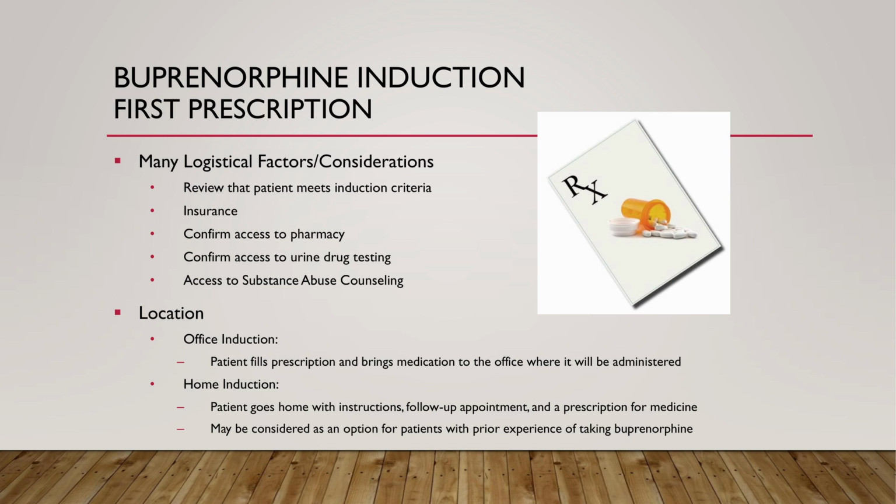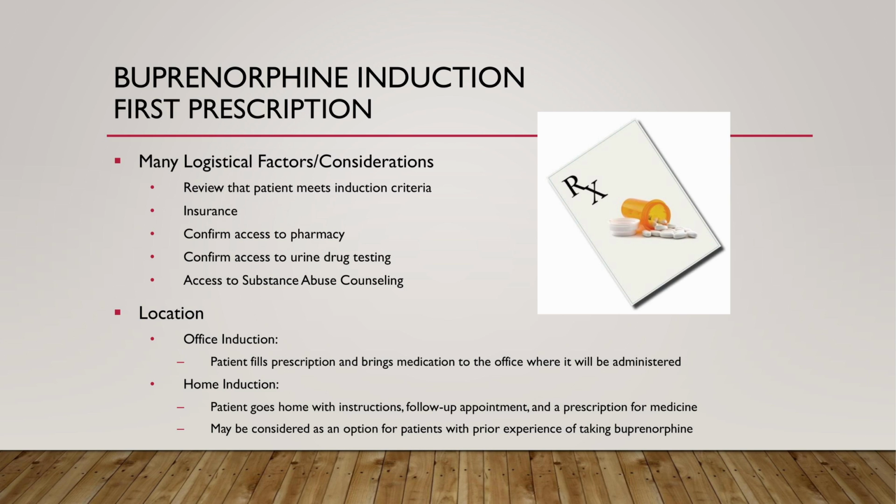Most of you in primary care are prescribing opiates or other controlled substances for medical issues, so you probably already have point of care drug testing in your clinics. But it's also important to make sure that your point of care drug testing does test for buprenorphine, because one of the things you're going to want to be testing for is if the patient's taking the medication. And most of them do nowadays, so that's usually not a problem.